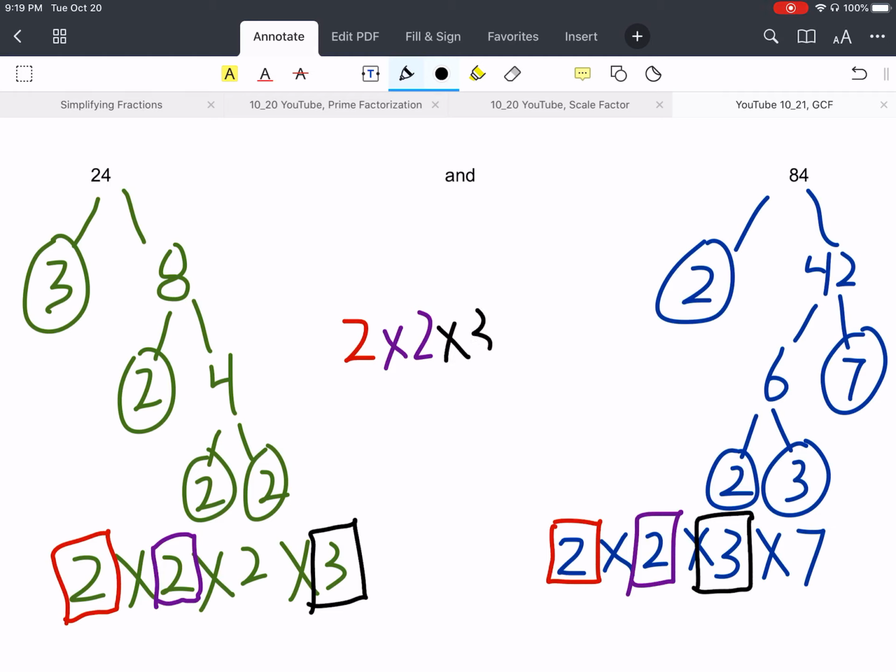Say times 3. And this 2 and this 7 don't have a pair, so we have 2 times 2 times 3, which equals 12. So the greatest common factor of 24 and 84 is 12. So 12 can go in evenly to both of these numbers.